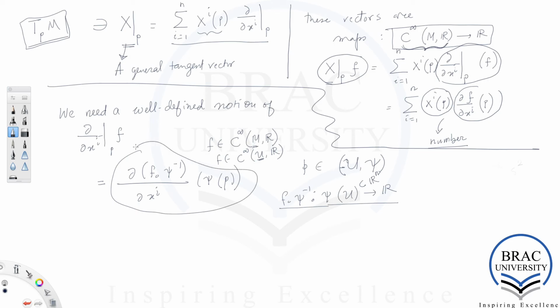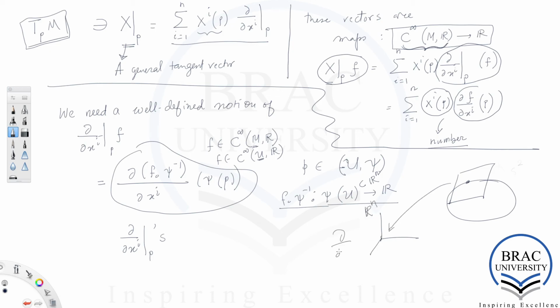So we're being a bit sloppy here in the sense that we have taken del by del xi restricted at p, these objects are considered both to be tangent vectors in TpM and as basis vectors in R to the n. Okay, so here is TpM and here is R to the n, right?